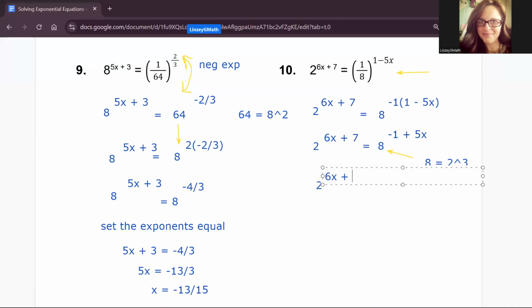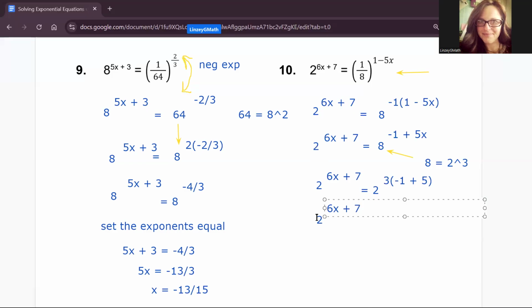And now we have the same bases. 3 times negative 1 plus 5, and we'll distribute the 3 that we got from rewriting 8 as 2 to the third power. Negative 3, oh, forgot my x.